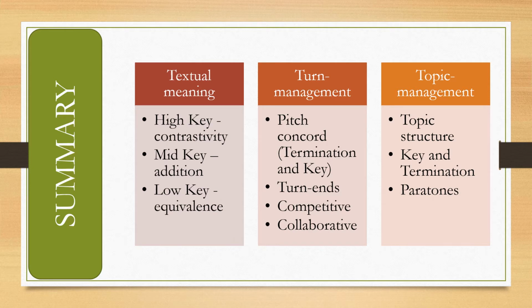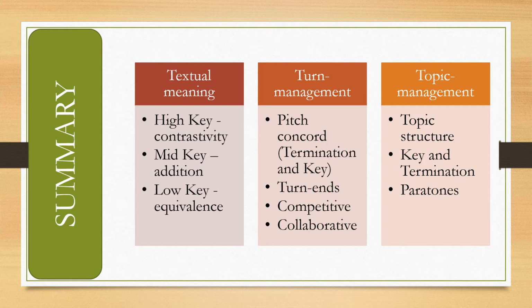So let's review all the concepts that we have seen in our unit 4. We have seen the concept of pitch level related to two main expressions of pitch level differences. One is key and the other is termination. We have also discussed the meanings that are expressed when there are pitch level differences.